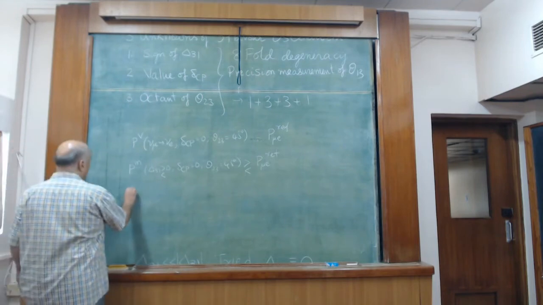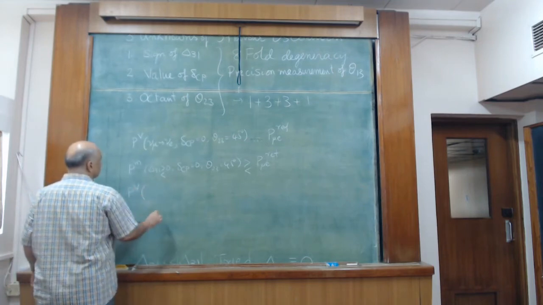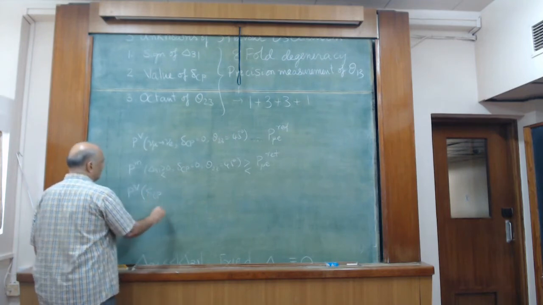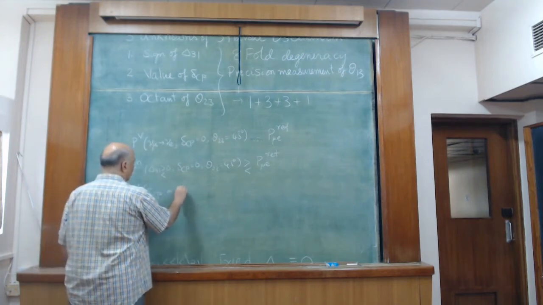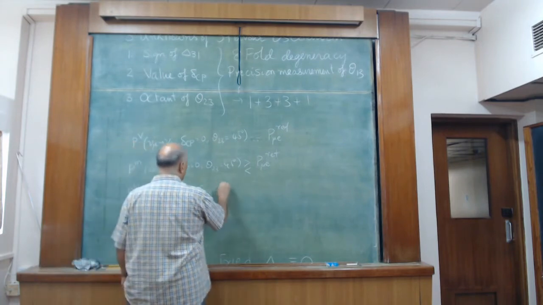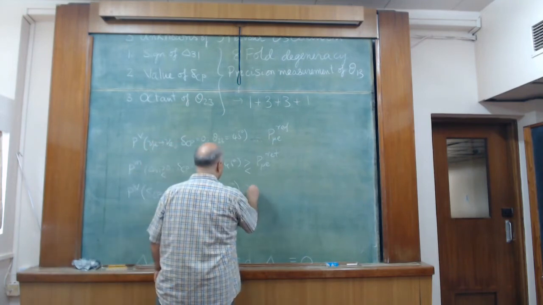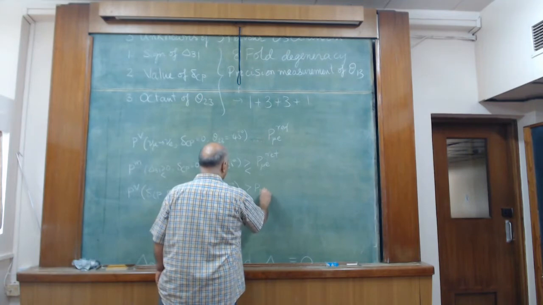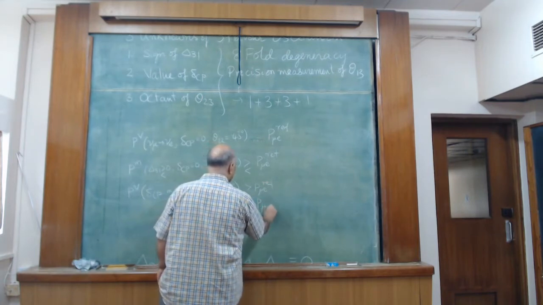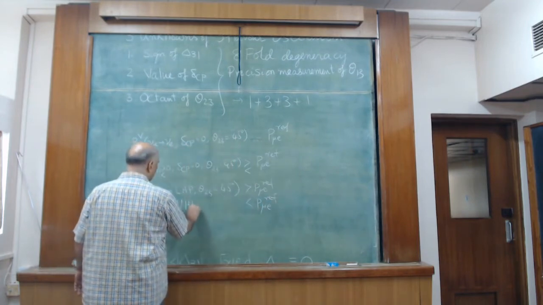And similarly, you find that P vacuum with delta Cp in the lower half plane, theta 23 equal to 45, this is greater than P mu e reference, and less if this is in the upper half plane.